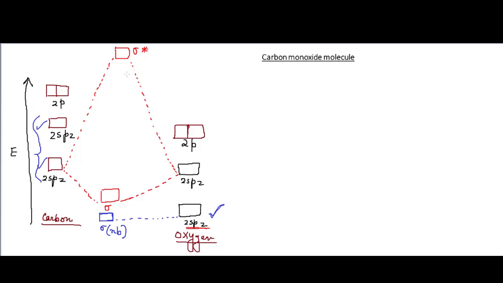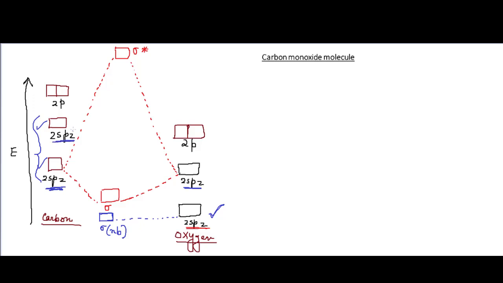So we have seen sigma non-bonding, sigma bonding, and sigma star anti-bonding. Before coming on to the p orbitals, one more non-bonding orbital will be seen. The low energy of carbon and the high energy of oxygen have formed the bonding and anti-bonding molecular orbitals. Now what is left is the high energy 2sp of carbon.